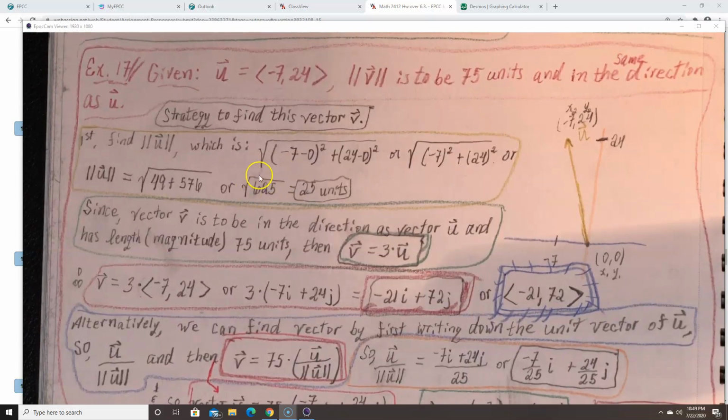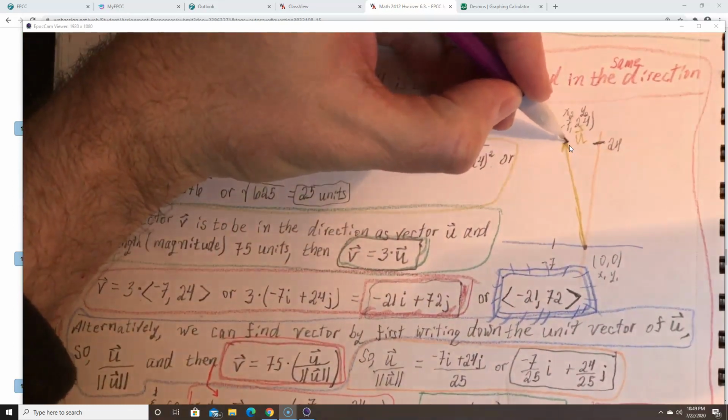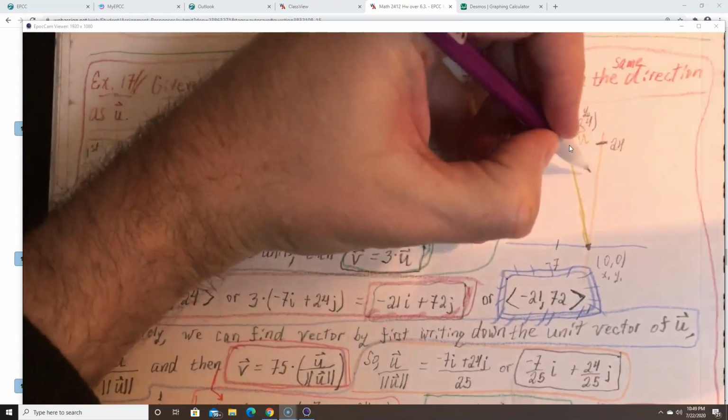So we can take the square root of 625 and it's 25. So how long is this original vector? What is the magnitude of this original vector? It's 25 units long.